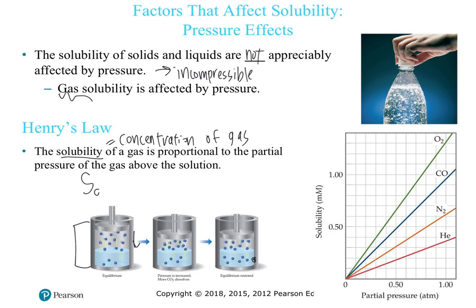So the solubility of the gas in the solvent is equal to the Henry's law constant, so it's for every gas in a certain solvent, times the pressure that's applied of the gas up top. So this would be the pressure that you apply of the gas molecule. So you can see as I increase the pressure that you apply, the solubility goes up linearly.